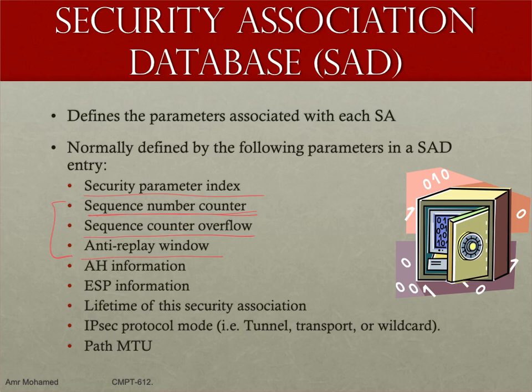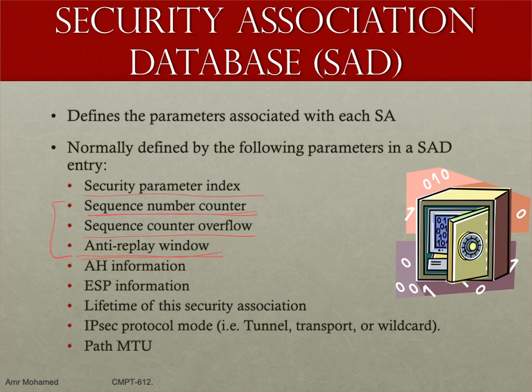Should I assume that packet 2 in fact arrived late, or is it a replay attack? So that's why one field is not enough for simply mitigating the replay attack. We need to have a window technique.